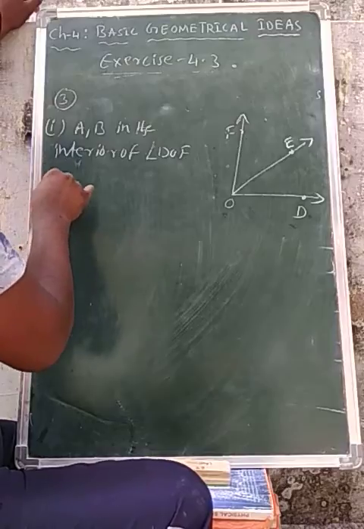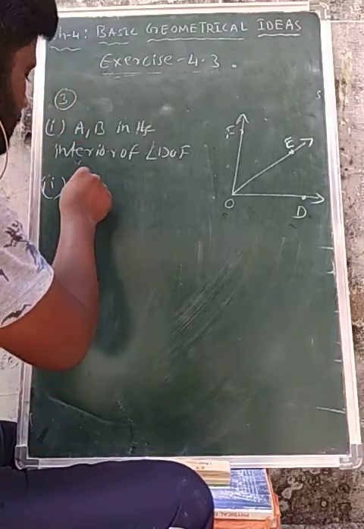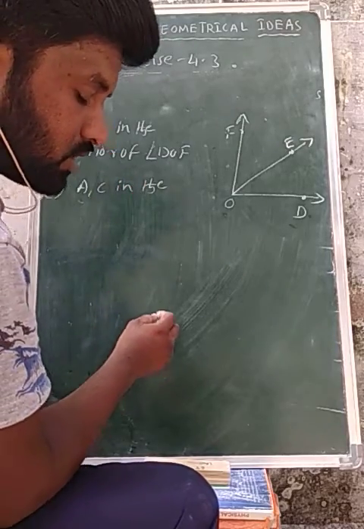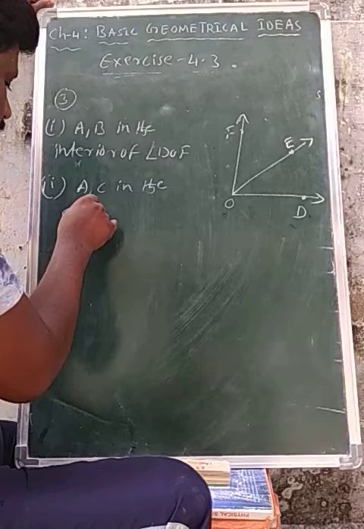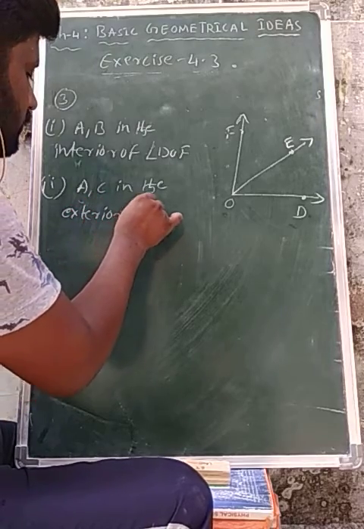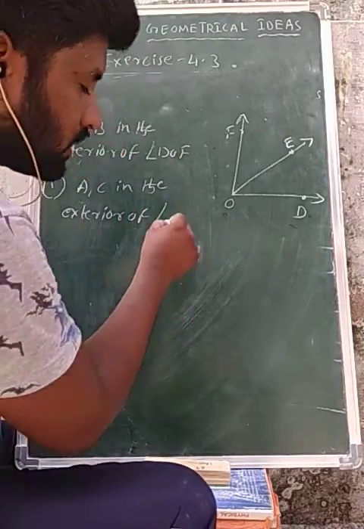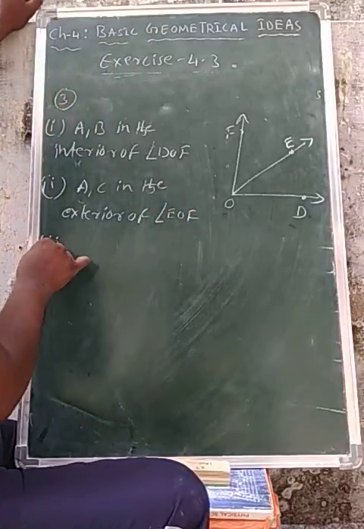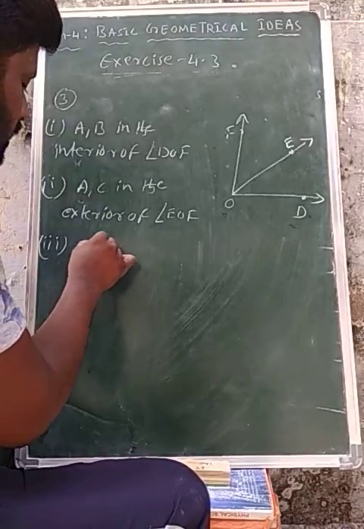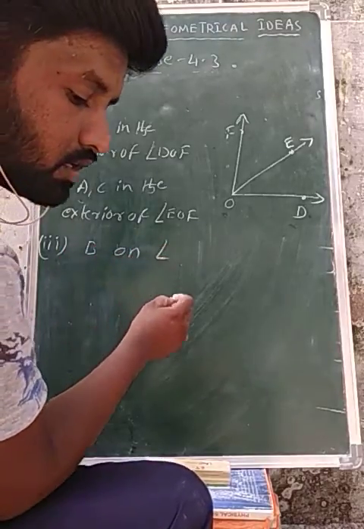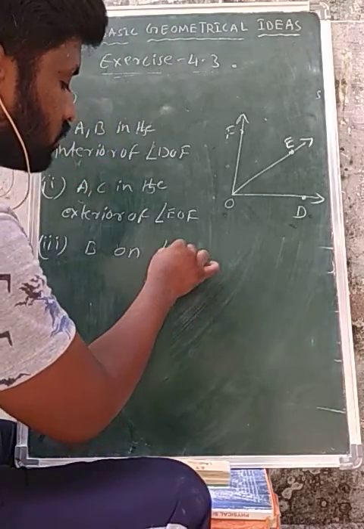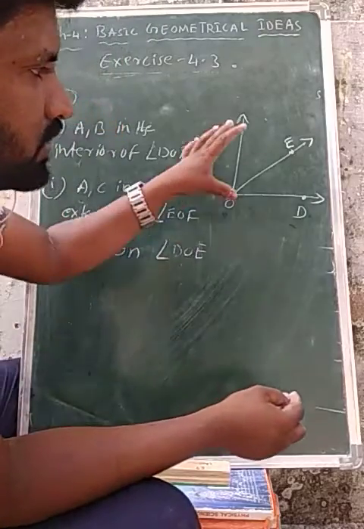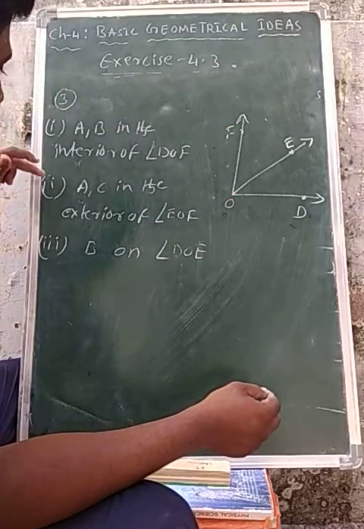And the second condition is given A comma C in the exterior of angle EOF. And the third one, B on angle DOE. So I am going to mark the points in this figure satisfying all 3 conditions.